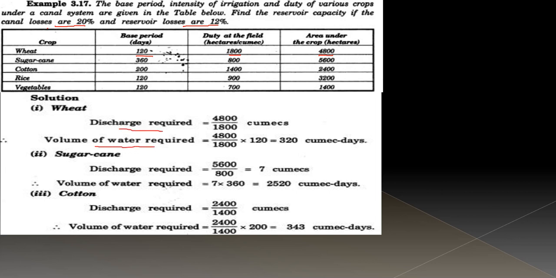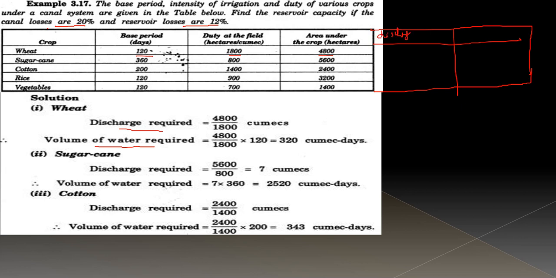Either you can do it like this in these steps, or we can continue this table like this and draw two more columns, one for discharge required and one for volume of water required.